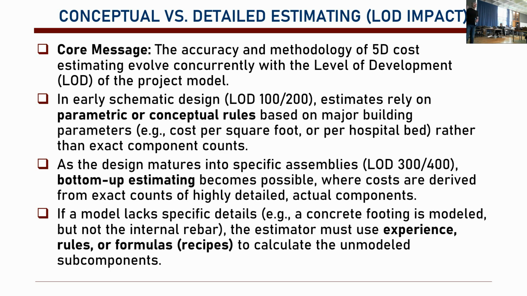So what does this mean? The LOD impact: the accuracy and methodology that we use for 5D BIM changes based on the LOD, level of development. If you have early schematic designs like LOD 100 or 200, you basically estimate based on parametric conceptual rules. For instance, in Turkey we have such a thing.